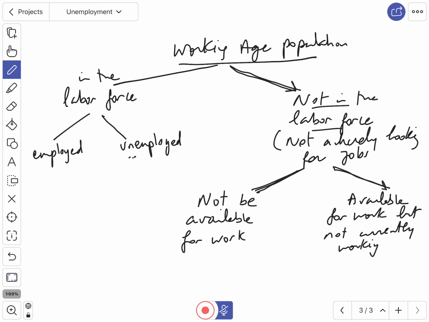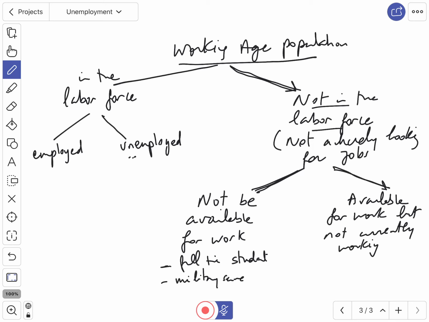Not available for work has different possibilities. You might be a full-time student, like most of you, right? Or you might be in the military service.